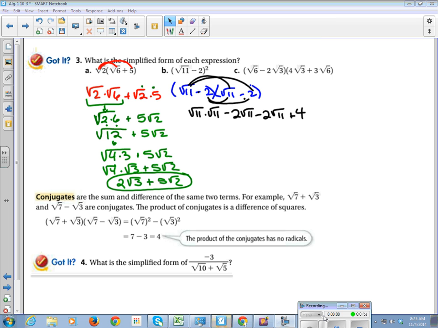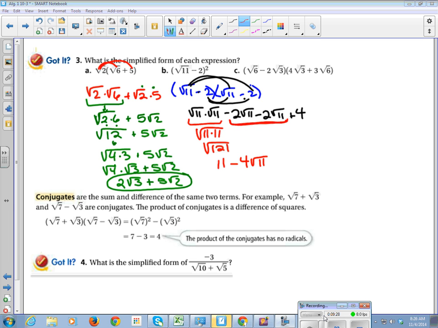I'm going to combine my like terms together, and I'm going to simplify this guy right here. We write this as square root of 11 times 11, which is the square root of 121, which is, crazy enough, 11. Minus negative 2 square root of 11 minus 2 more square roots 11 is 4 square root of 11.